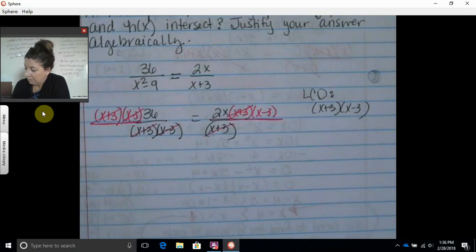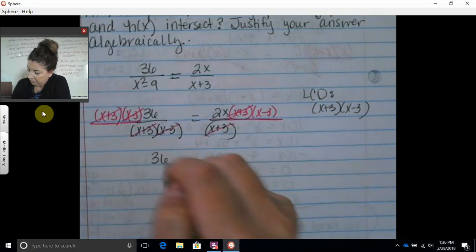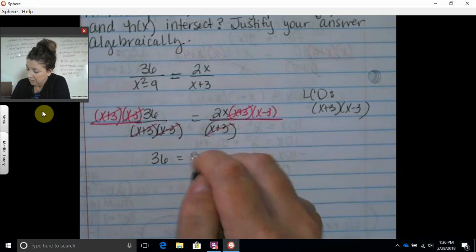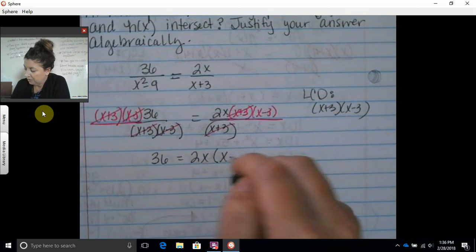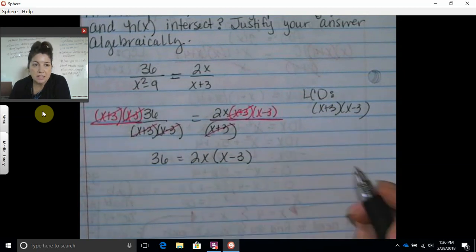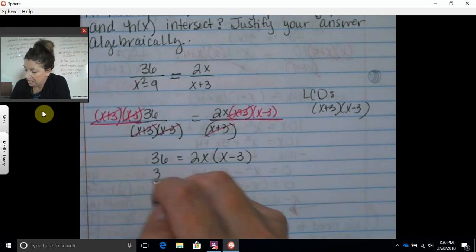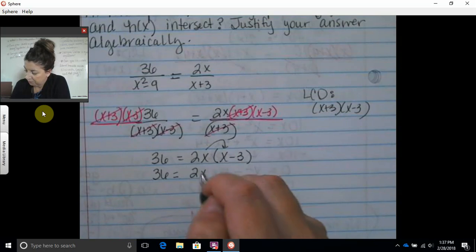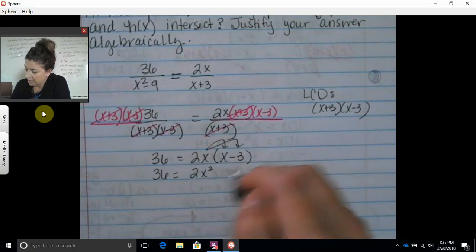On the left side, I'm left with 36 equals. On the right side, I have 2x and x minus 3. I'll have to distribute that 2x to x minus 3. Okay? So I get 36 equals 2x squared minus 6x.